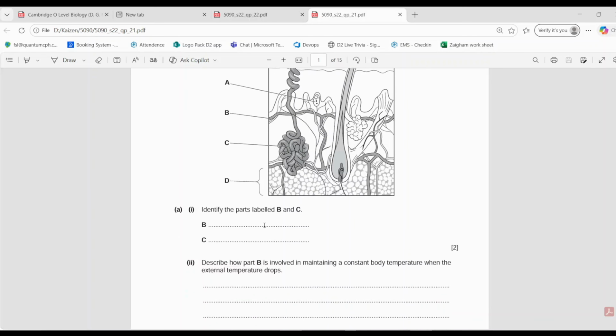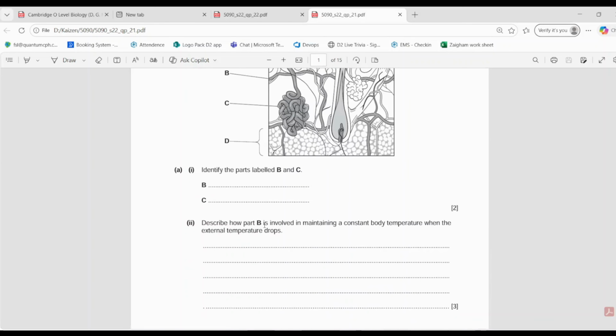Next one, describe how part B is involved in maintaining the constant body temperature when the external temperature drops. So this whole thing is about the thermal regulation in temperature when the temperature is low. So there are 3 to 4 things that we need to follow.